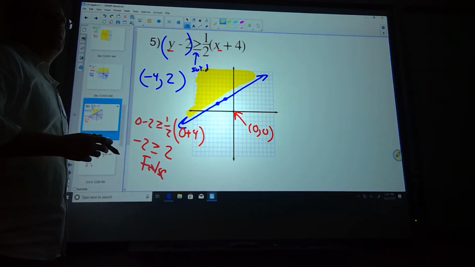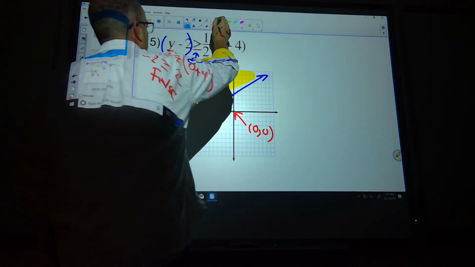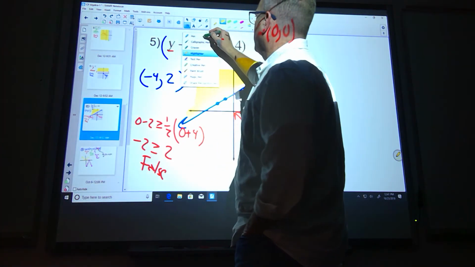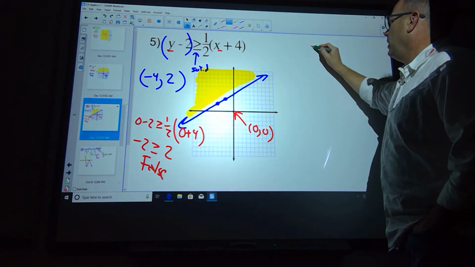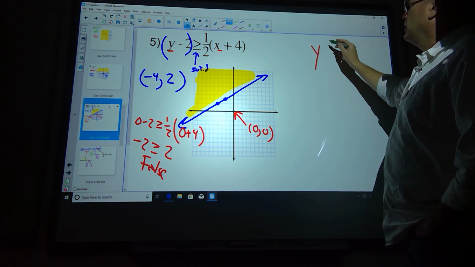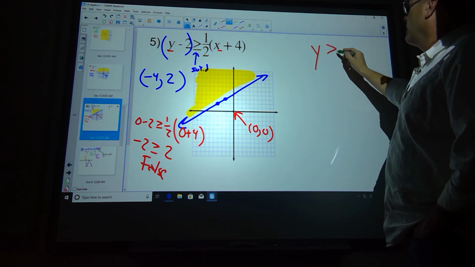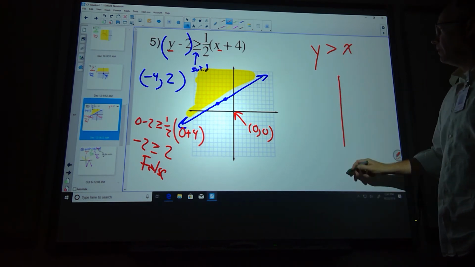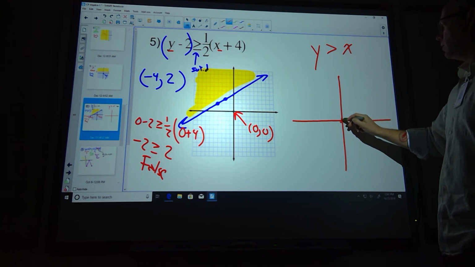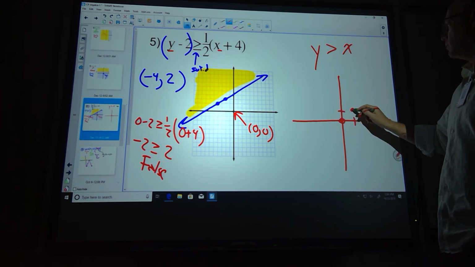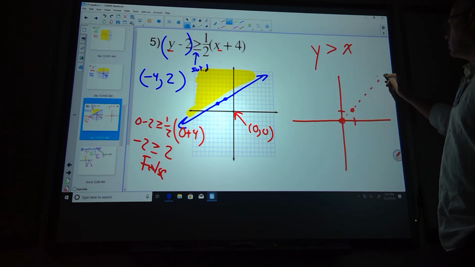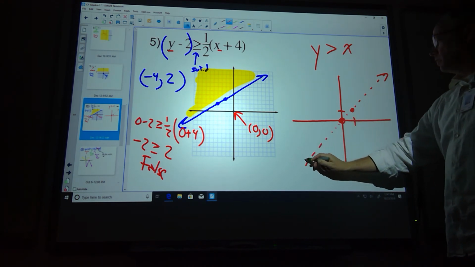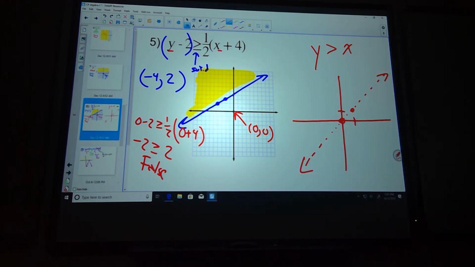So that works. But then the last example is, let's say I have y is greater than x. Okay? So I can't pick 0, 0 because my line goes right through 0, 0.